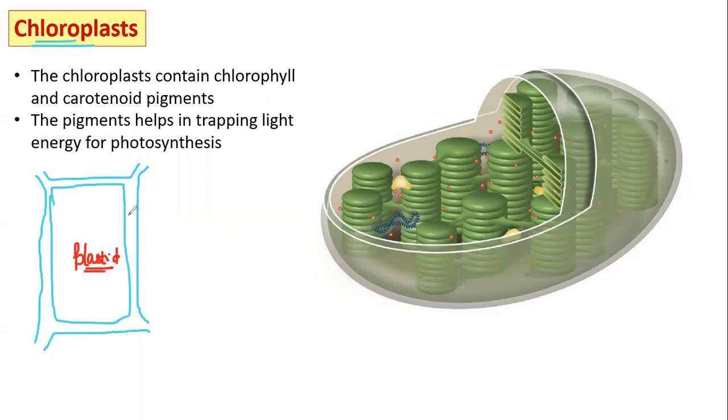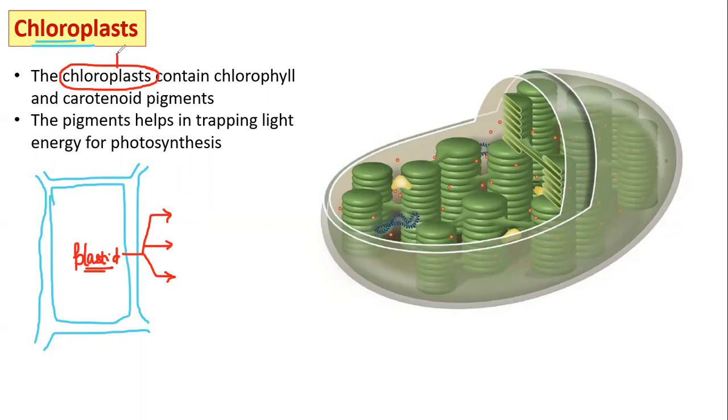In the chapter Cell, the Unit of Life, you have also learned about three different kinds of plastids: chloroplast, chromoplast, and leucoplast. In this chapter, the plastid associated with photosynthesis is the chloroplast.